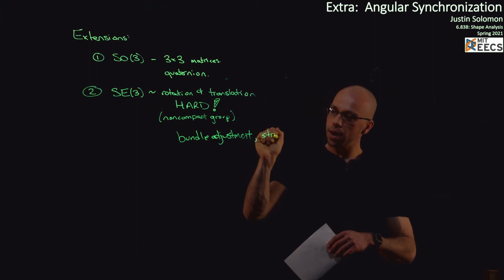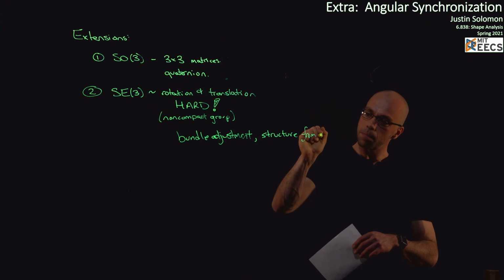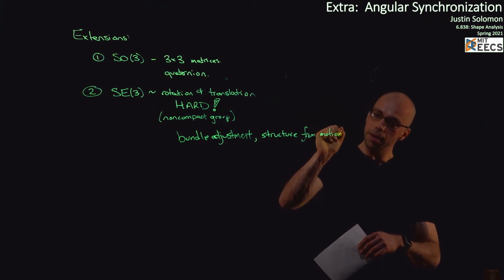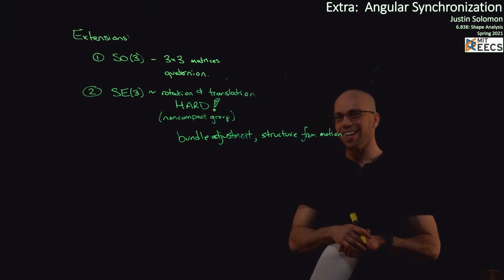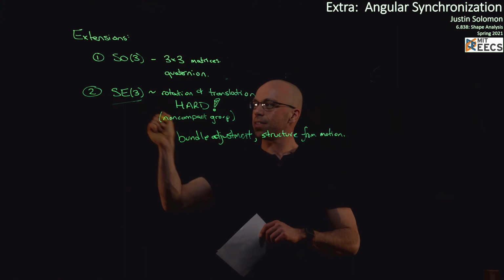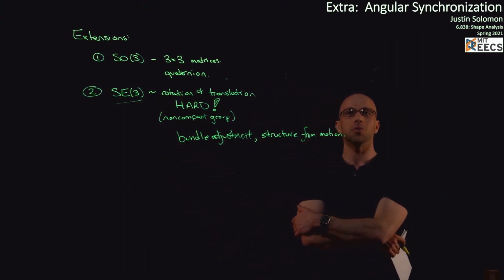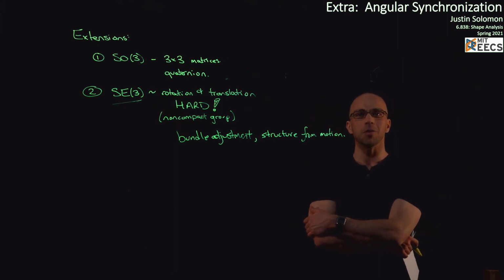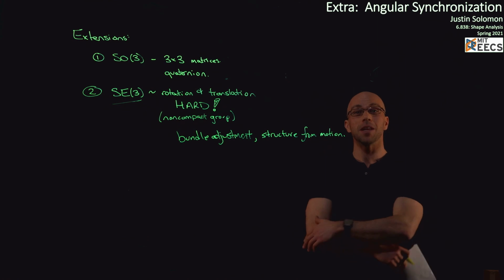These are not quite the same, but they're closely related. And basically, they look like synchronization problems, but now the things they're trying to synchronize are like, I take a bunch of photographs of a scene and I get an estimate of the rotation and translation, or maybe even the camera motion from one photograph to another, and now my task is to put all of the photos into a common frame and maybe reconstruct the scene while I'm at it.